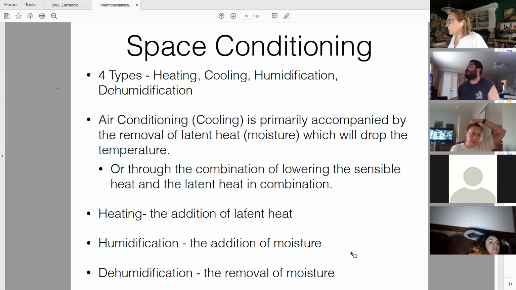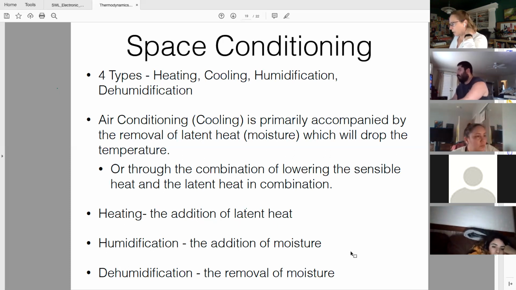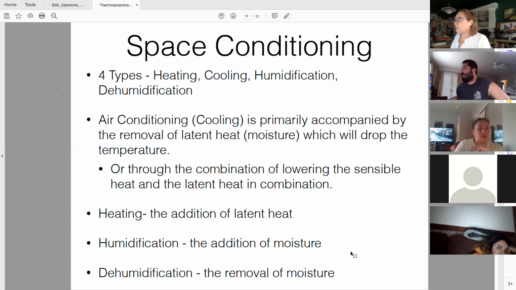Okay, so air conditioning includes dehumidification. But there's other cooling strategies, so we were talking about passive cooling. One type is passive floor cooling, which is similar to radiant floor heating, where you run hot water through a tubing system in a slab or in your subfloor.